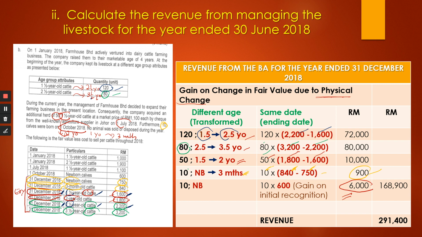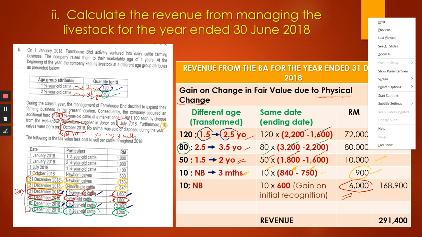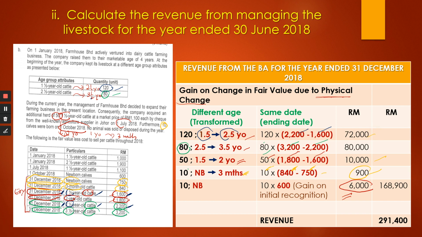And you will get 10,000 from the second one, third one, and the first one. And remember, this one is from our gain on initial recognition. So if you total up, that will give you 168,900.